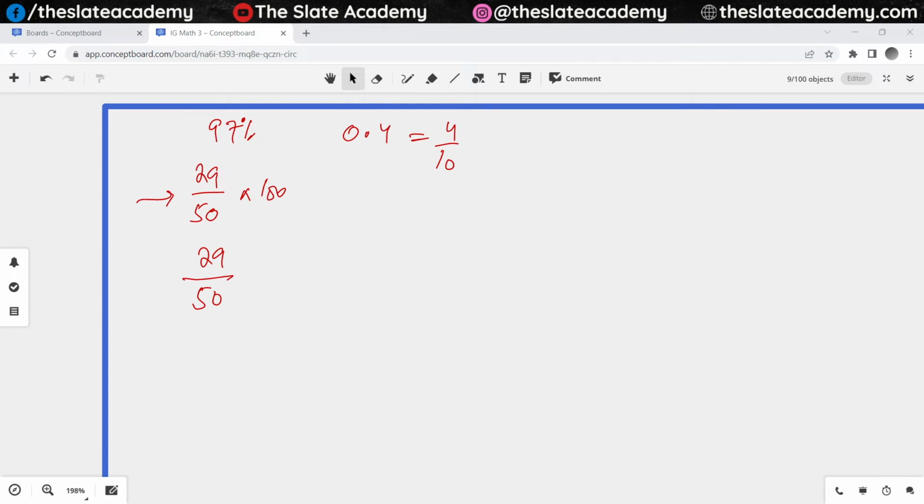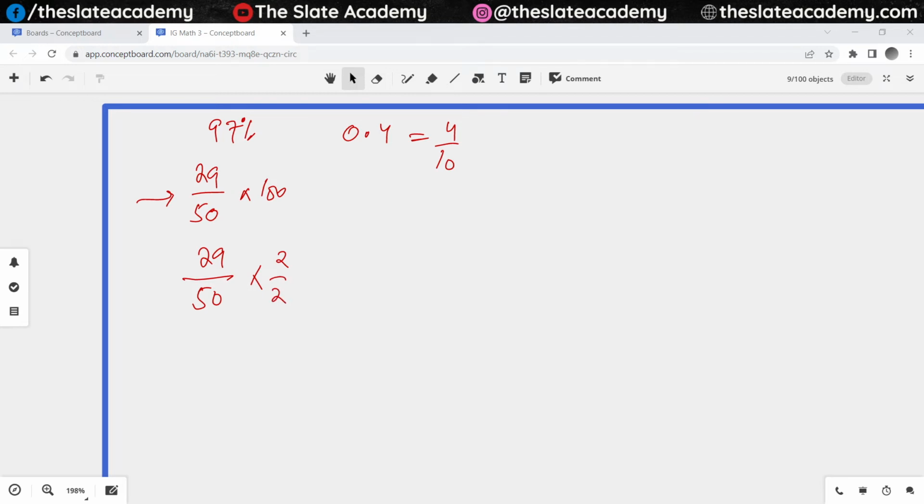The denominator will become 100 if I multiply it with 2. But I cannot multiply the denominator with 2 simply. That would disturb the whole fraction. Whatever I do, I will have to do to the numerator as well as the denominator.